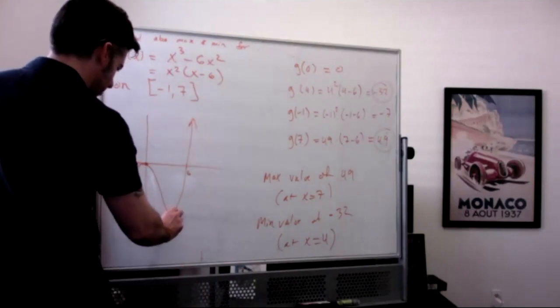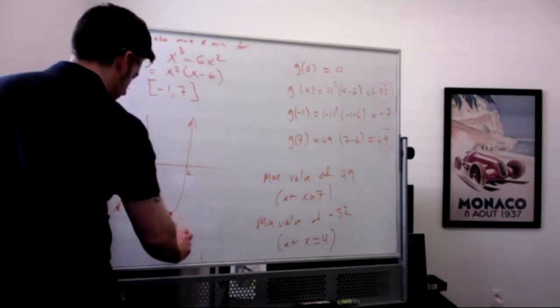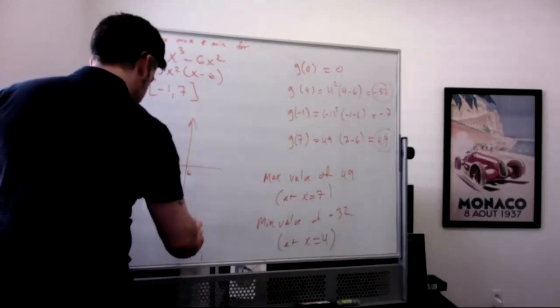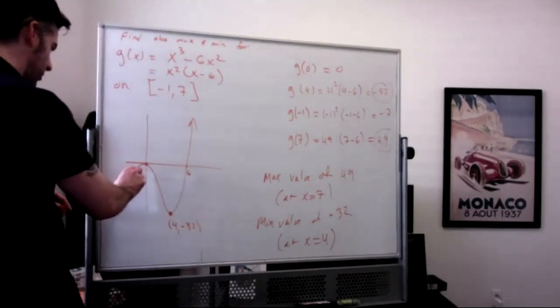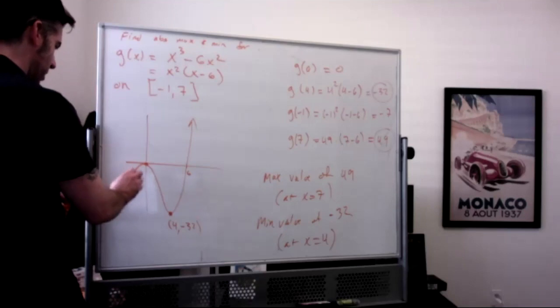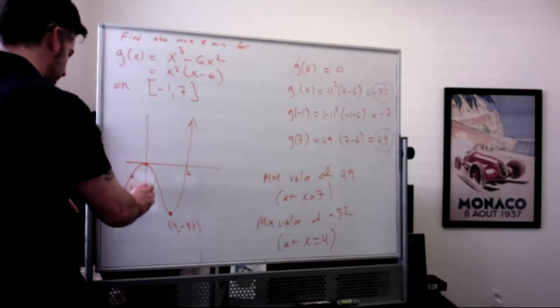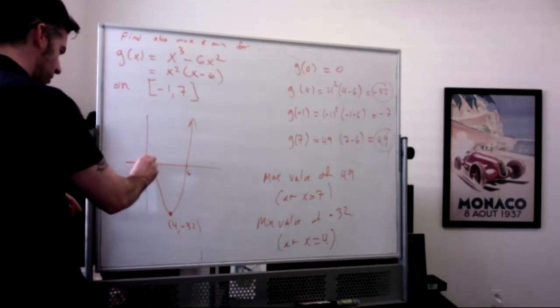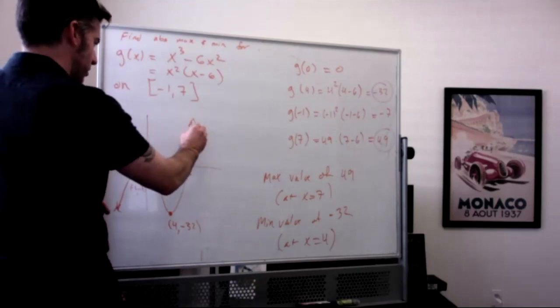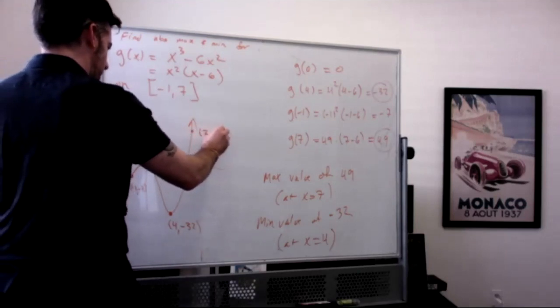And here's the minimum at 4, -32. Here's the point, maybe -1, -7. Here's 0, 0. And here's 7, 49.